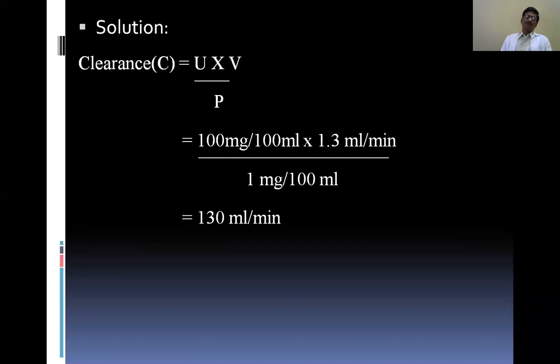Putting in the same formula, C is equal to UV by P, the value comes to be around 130 ml per minute. The normal creatinine clearance value will be around 140 ml per minute. It's slightly higher than the value we obtain by using inulin. So this is an easy formula, the same UV by P, and putting in the values, you'll get 130 ml per minute.